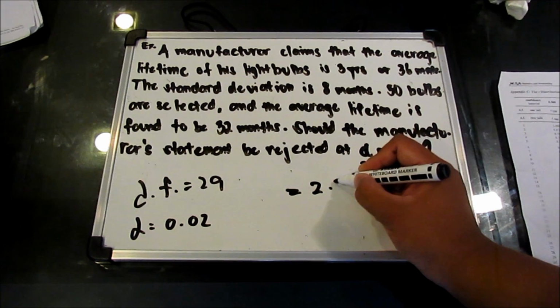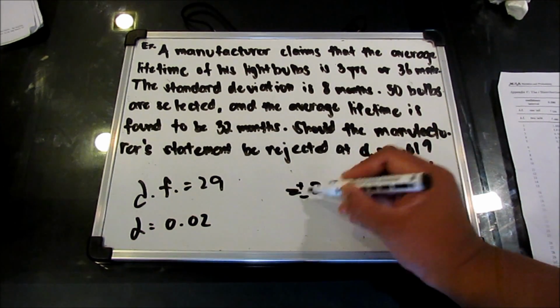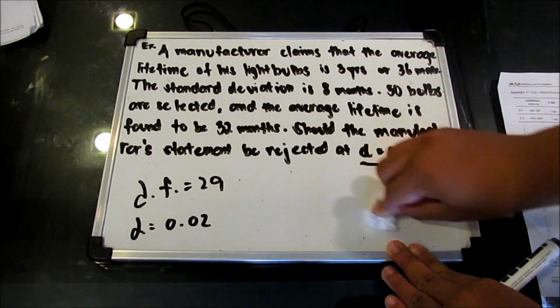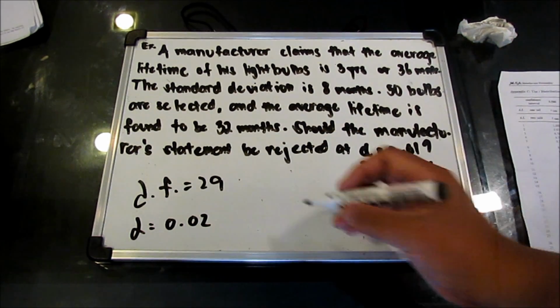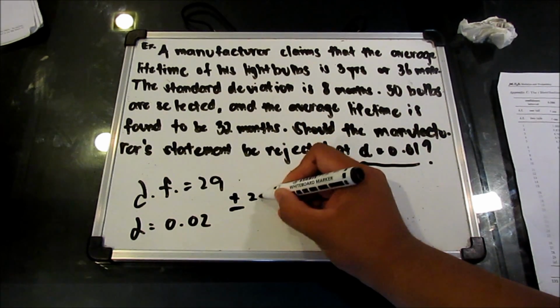4.6, 2. Positive, negative, since it's two-tailed. So our last part in step 3 is we determine the rejection region.